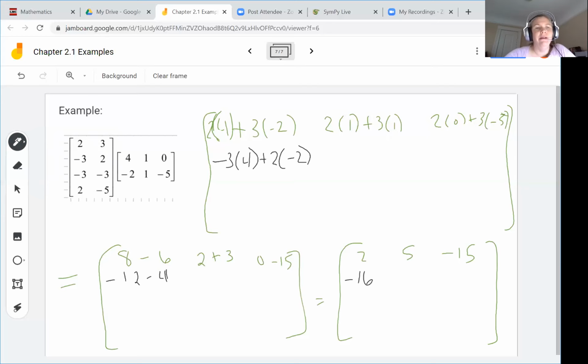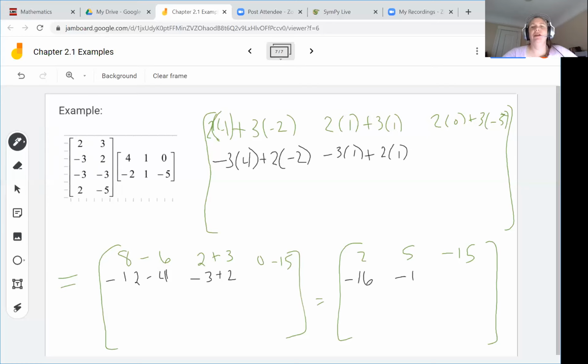All right, our next calculation is going to be -3 and 2 multiplied by the column 1, 1. So we'll have -3 times 1 plus 2 times 1. So that's going to be -3 plus 2, for -1 is my calculation here.